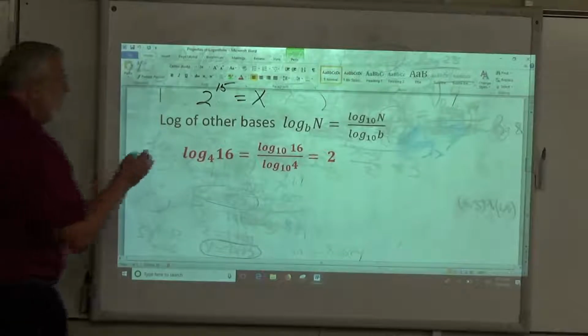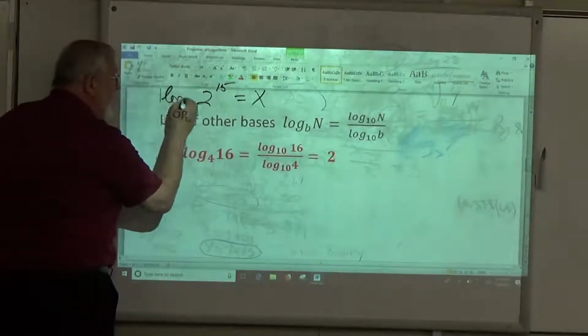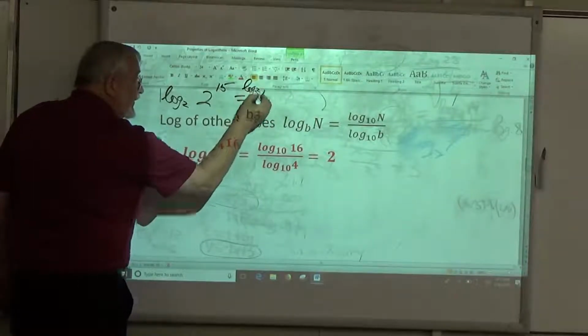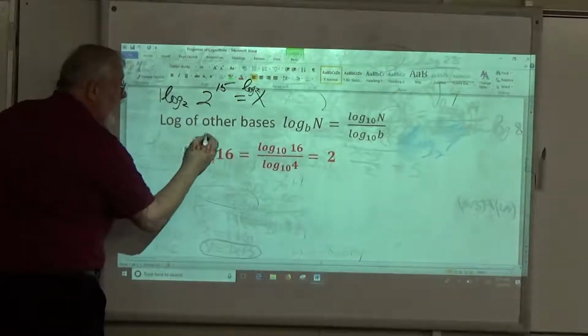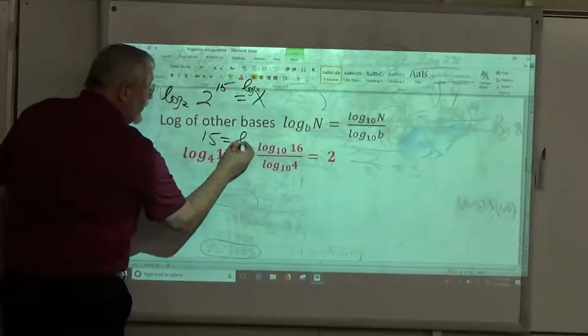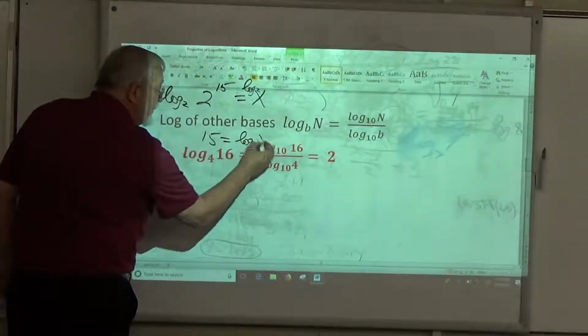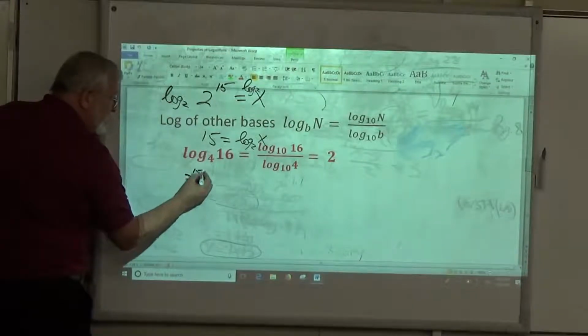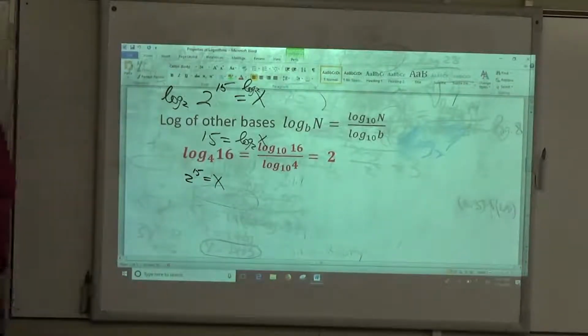I multiply both sides by log base 2. Now these cancel, and I get 15 equals log base 2 of x. So this is the exponent, so 2 to the 15th power is x. Okay?